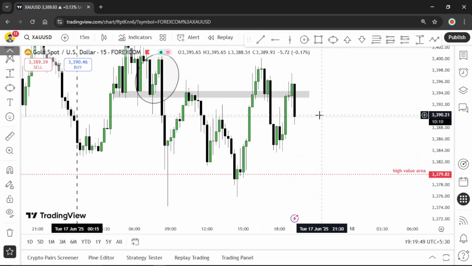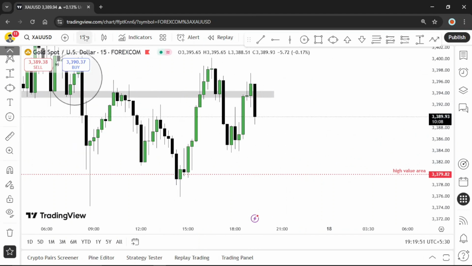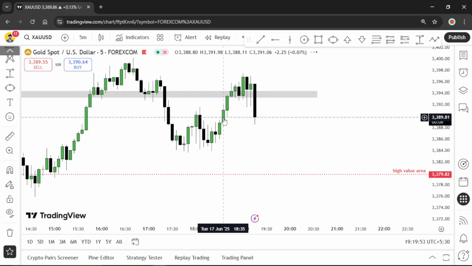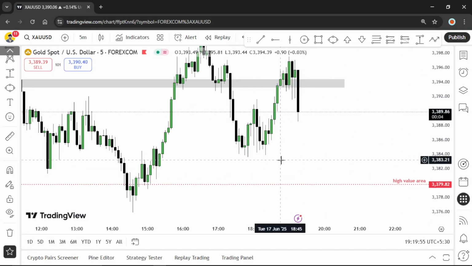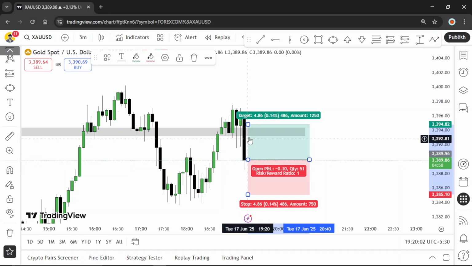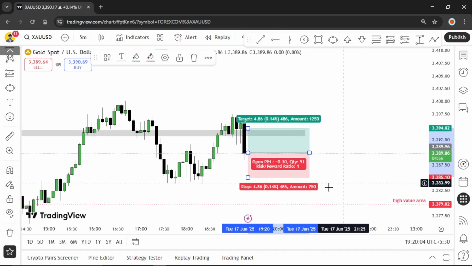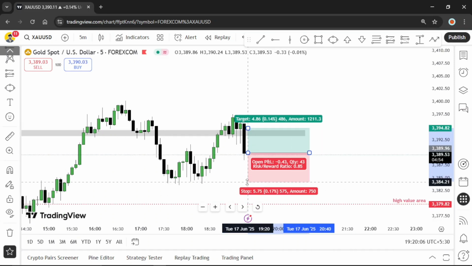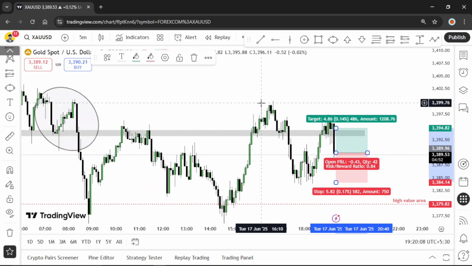The market rejected at this fair value gap and came up to it. I see this as a good entry opportunity to the upside. If I go for a long position here, I put my SL up to here, and then we can go long in the market.